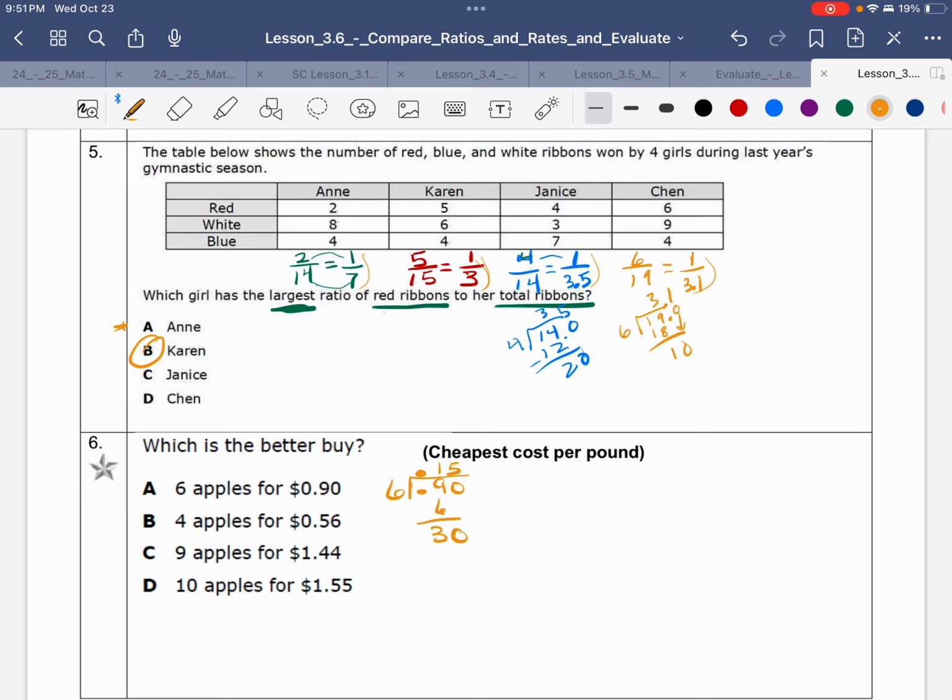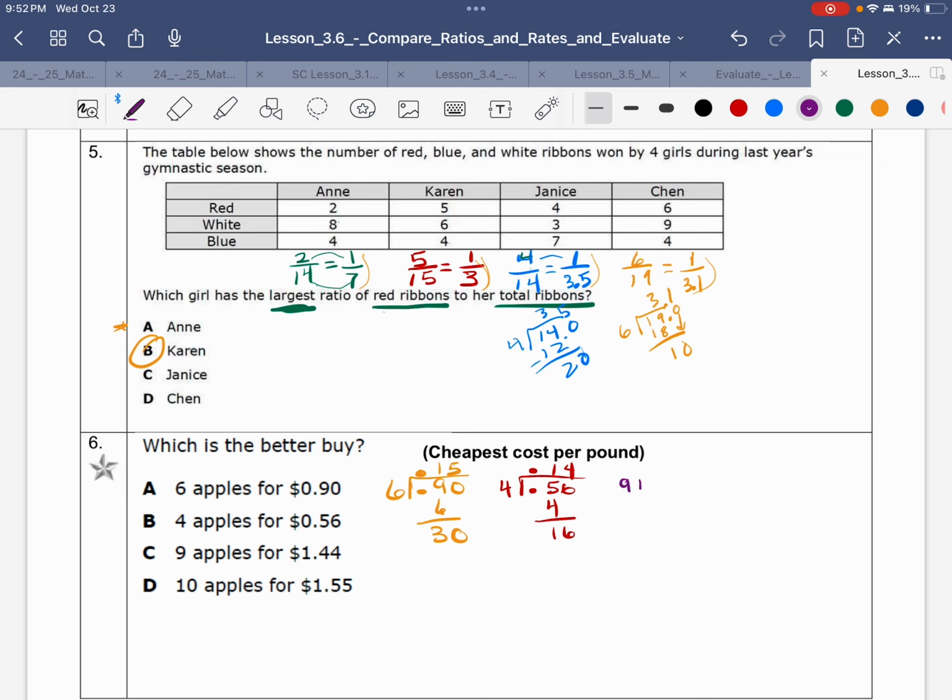So this one is 15 cents. A is. Now B, 56, 4, 1.16. That one's 14 cents, so that one's cheaper so far.